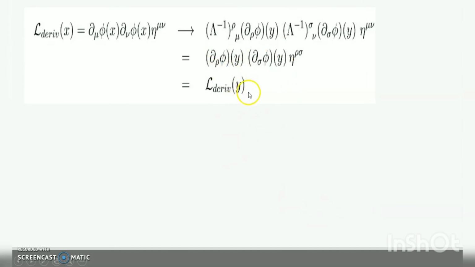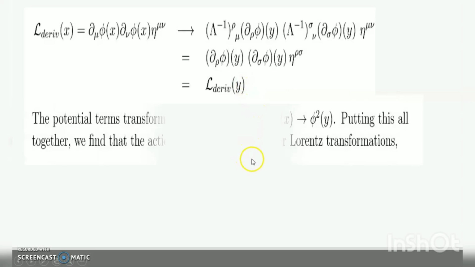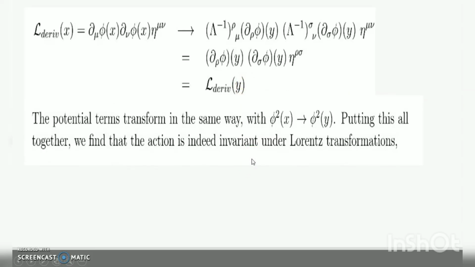The potential terms transform in the same way: phi squared(x) is equal to phi squared(y). Putting this all together, we find that the action is indeed invariant under the Lorentz transformations.